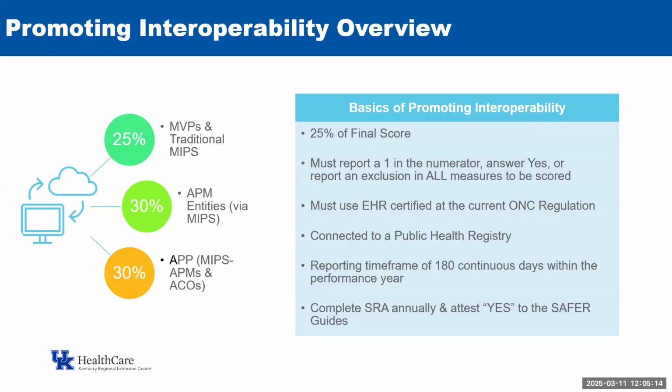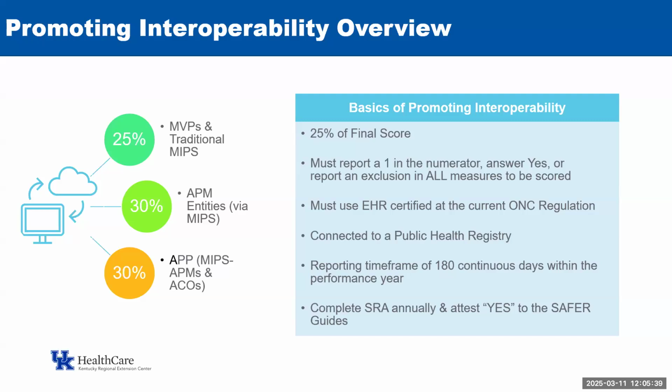So real quickly, as an overview, the promoting interoperability category is part of all forms of the QPP program. So whether you're submitting through traditional MIPS, an MVP, or an alternative payment model, promoting interoperability is part of that program.